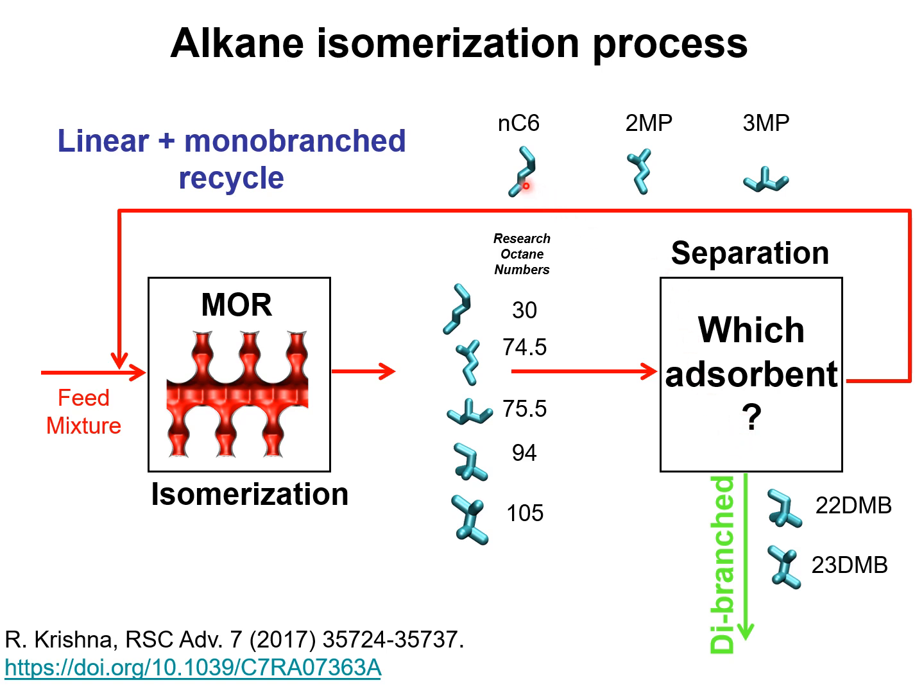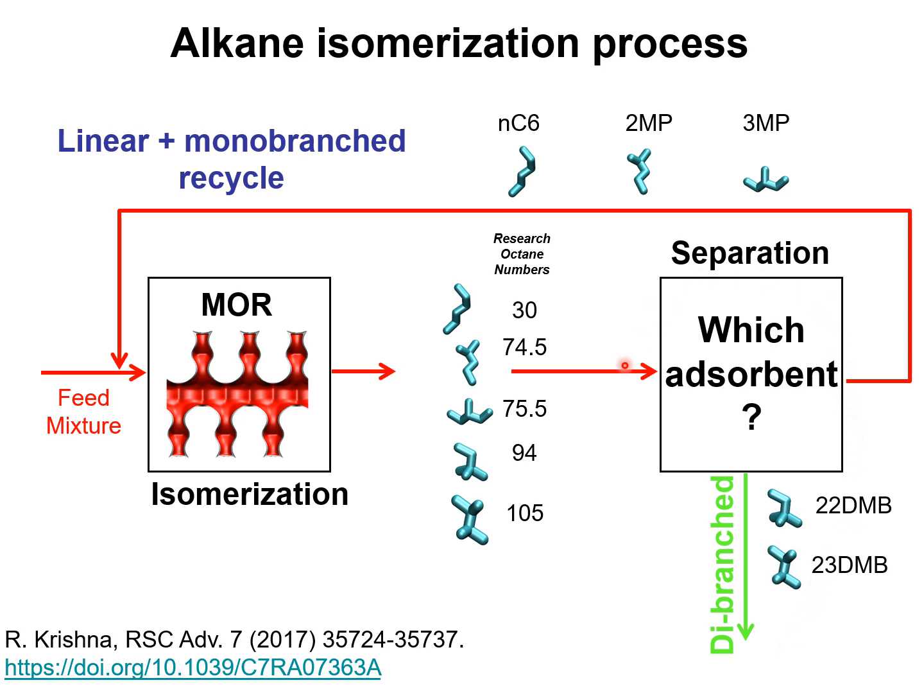The first fraction consisting of normal hexane, 2-methylpentane and 3-methylpentane is recycled back to the isomerization reactor, whereas the di-branched isomers 2,2-DMB and 2,3-DMB can be recovered for incorporation into the gasoline pool.